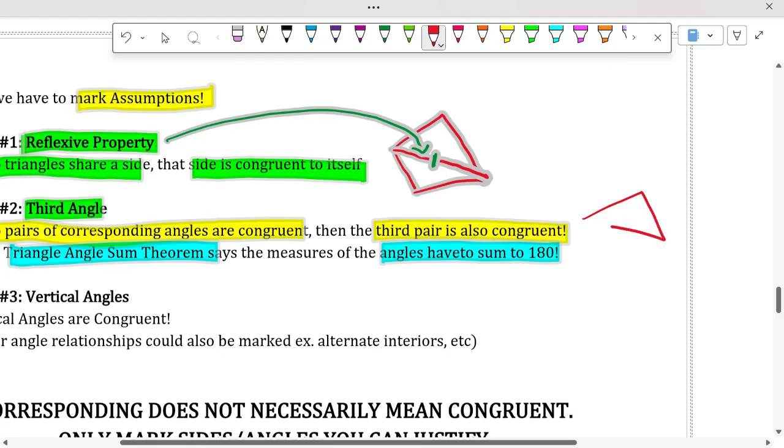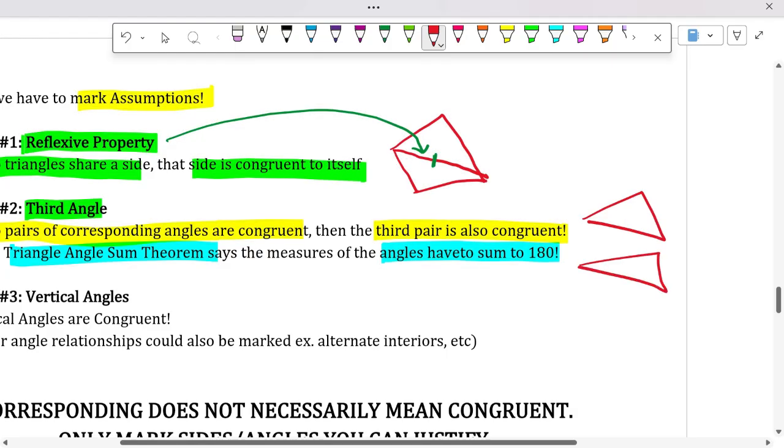So for example, if I have two different triangles, and I marked two sets of corresponding angles congruent. So in other words, let's say that this was 50, this was 100 for both. Then I could mark the third angle congruent.